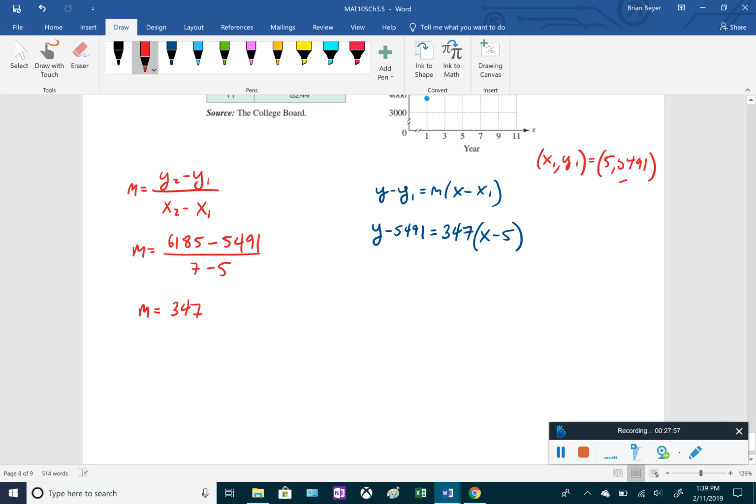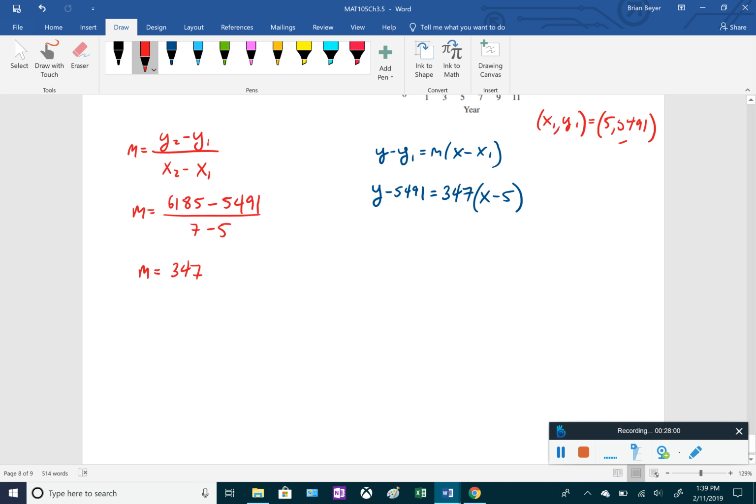Okay, so let's put this into slope-intercept form by solving for y. So we would have to distribute the 347. So it's obviously going to be a little messy, so obviously using a calculator here. We would get x minus 1,735.